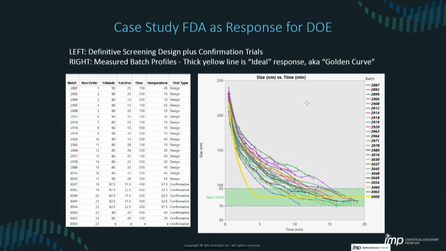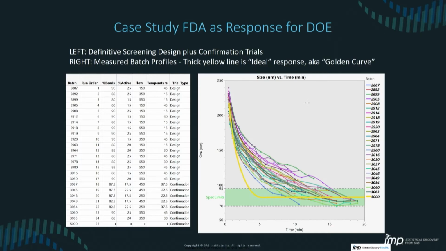The other is what we'll call a response functional data analysis, where we're doing a DOE. In this case, we want to try to predict those curves. And the yellow curve, we're calling that the golden curve. This is a manufacturing process for a pharmaceutical where they're milling the particles, and they have a desired size and spec limit on what they want that particle to be.